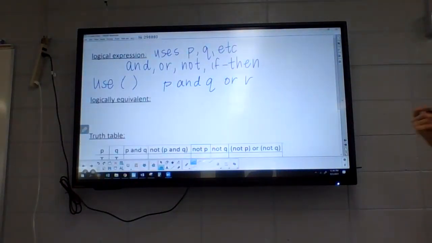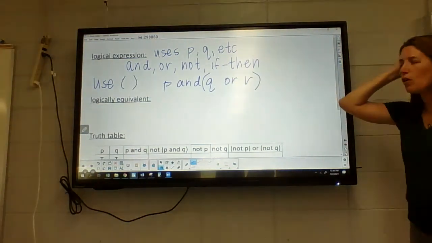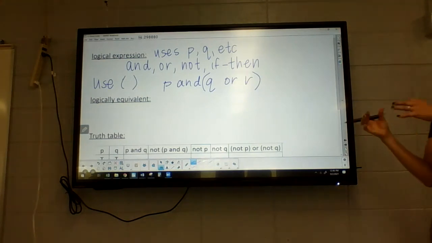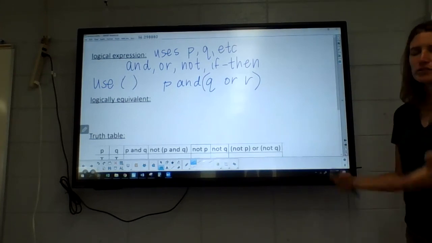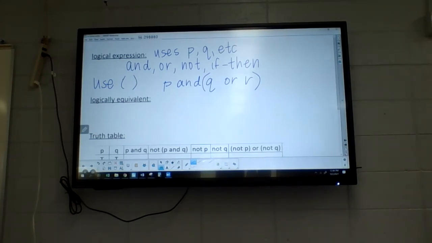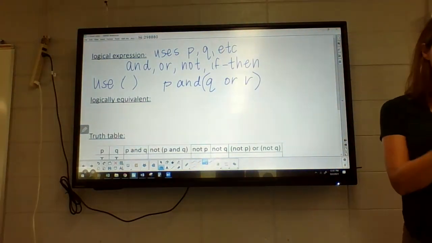One of the things you might want to do is throw parentheses in so that you know that first you figure out P or Q and then do the and. It's kind of like an order of operations thing, so make sure you use parentheses if there's more than two values that you're working with.